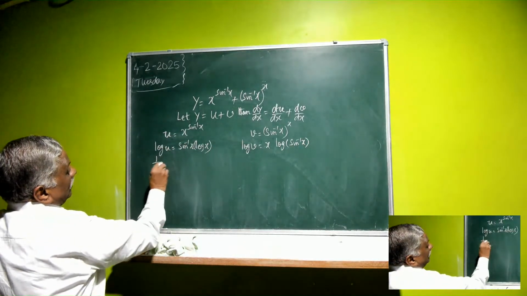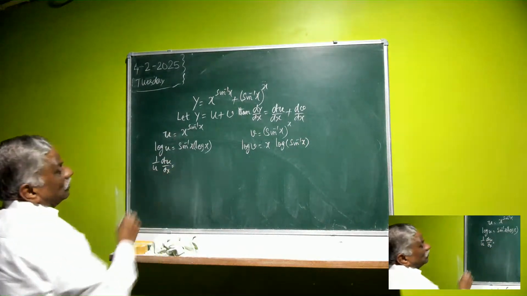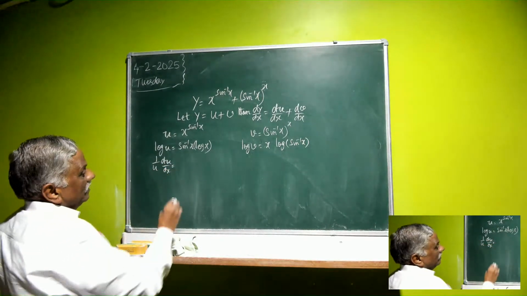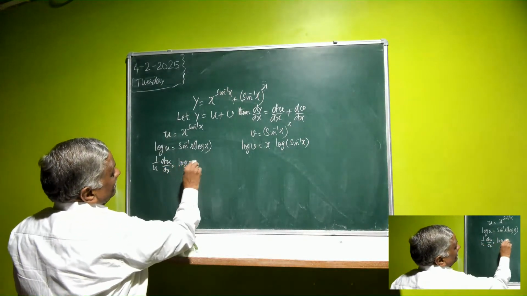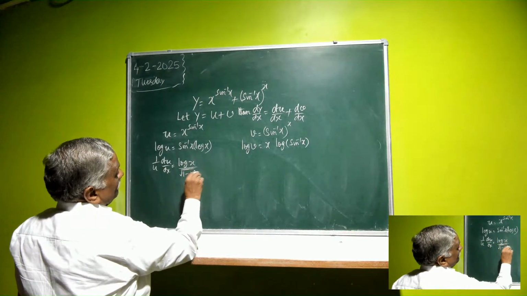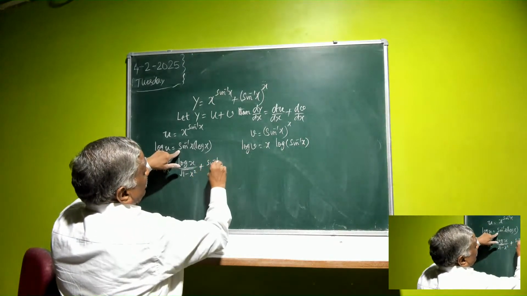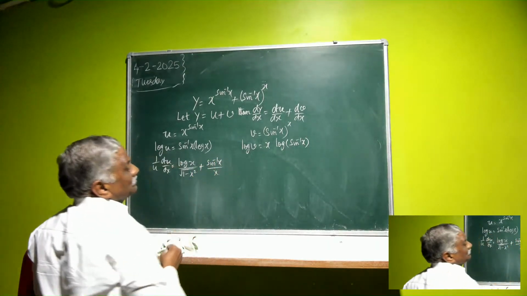So 1 over u du by dx is equal to, it's a product. Keep log x as it is, differentiate sin inverse x, you get 1 over root of 1 minus x square. Keep sin inverse x as it is, differentiate log x, you get 1 over x.